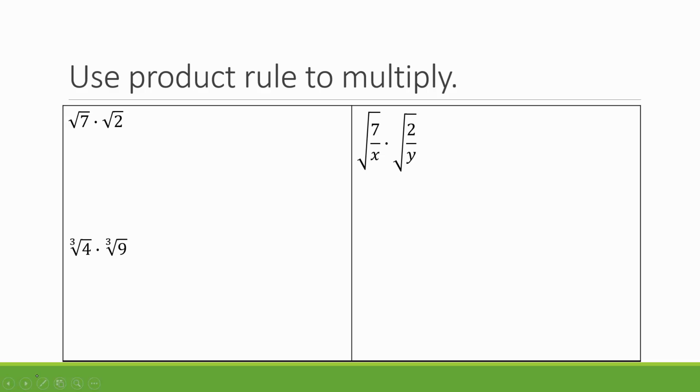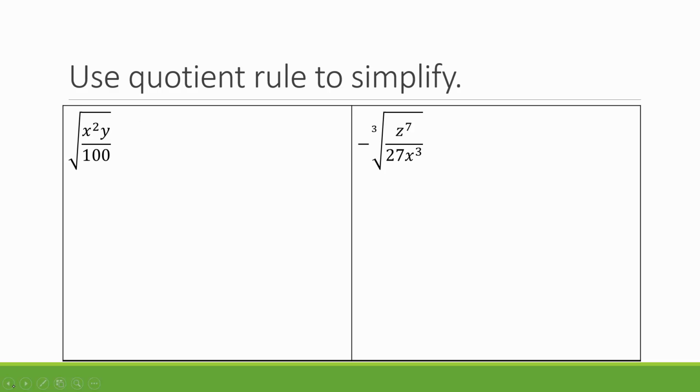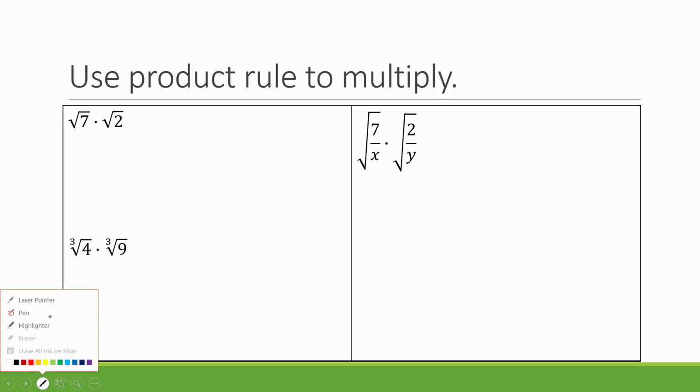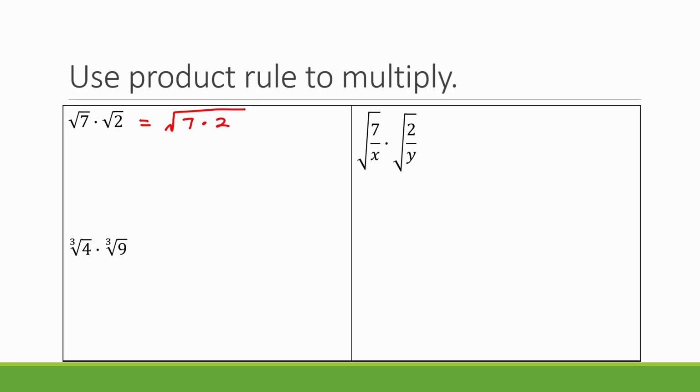So use the product rule to multiply. To multiply the square root of 7 times the square root of 2, since they are both underneath the square root symbol, then I could rewrite that as the square root of 7 times 2, all underneath one radical.